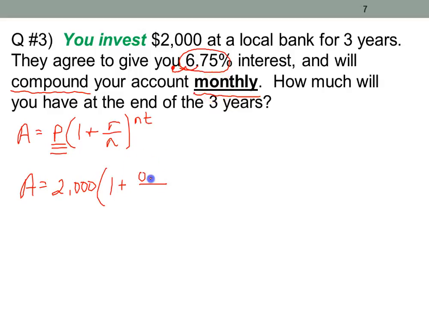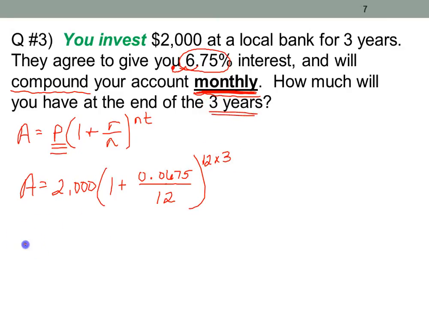So this is 0.0675. N, remember, is our compounds. Right here it says monthly. So we're compounding 12 times. And then I have N and T up here as a power. So N again is 12 times our time. We got 3 years going by.